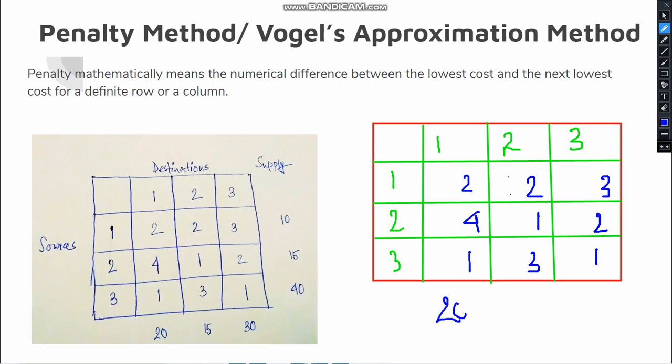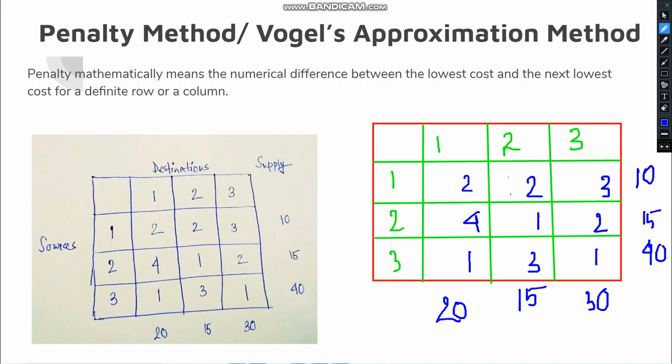Just writing down the demands. It is 20, it is 15, it is 30. Let us write down the supplies. 10, 15, and this is 40.